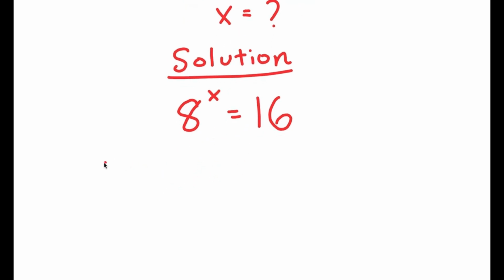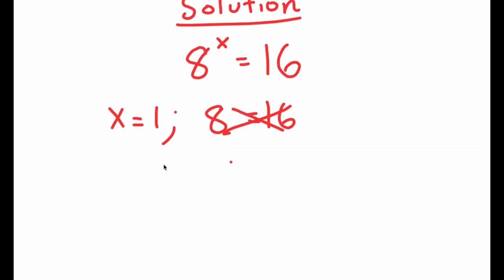If I plug in x equals 1 into this equation, I get 8 to the power of 1 is equal to 16. 8 to the power of 1 is the same thing as 8, so I get 8 equals 16, which is false, right? Now if I plug in x equals 2, I get 8 to the power of 2 is equal to 16, and 8 to the power of 2 is 64. So I get 64 equals 16.